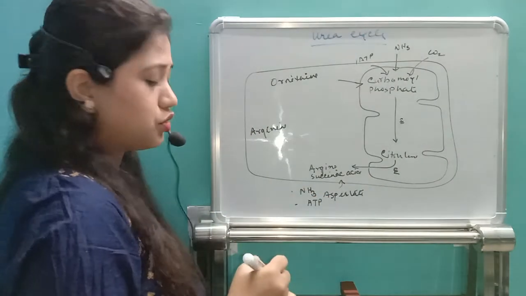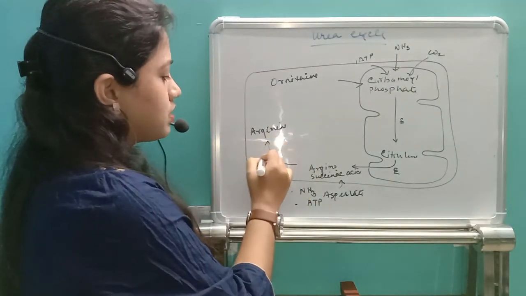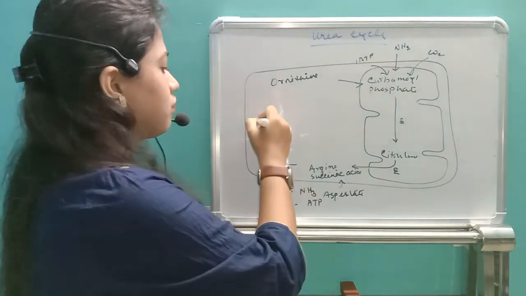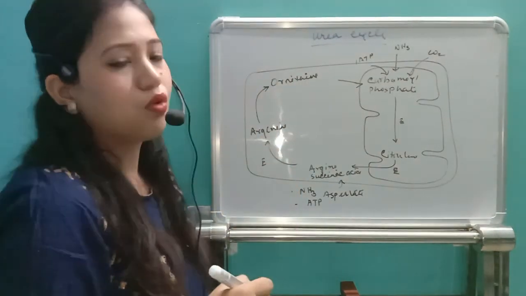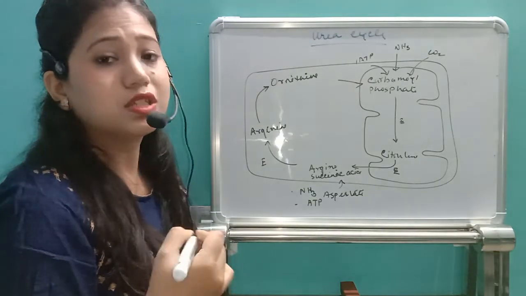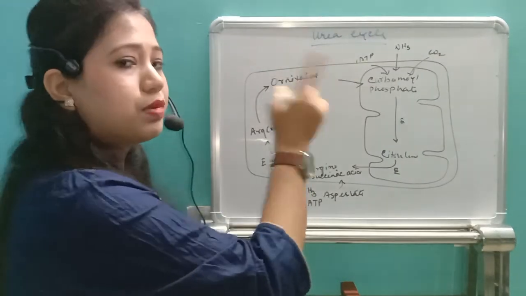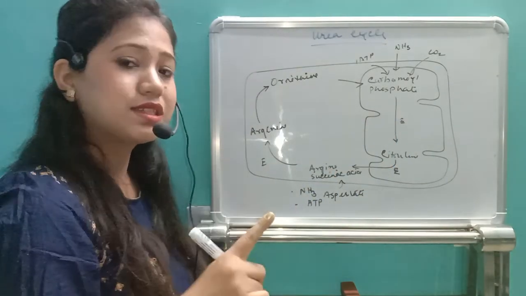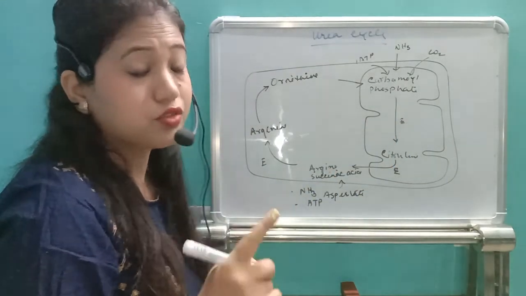Then this arginosuccinic acid in presence of enzyme will be converted into arginine. Next, it will be converted into ornithine, and whenever ornithine is produced, this ornithine of the previous cycle will add up to produce the next product in the next cycle, carbamoyl phosphate.